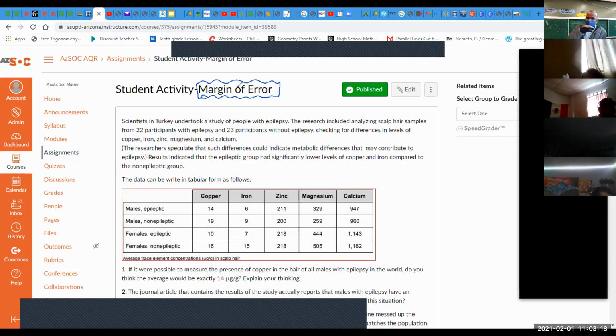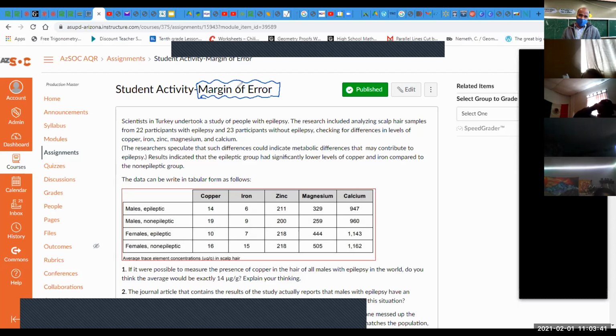So if we are conducting a survey, whatever the subject, this margin of error represents the amount of random sampling error.